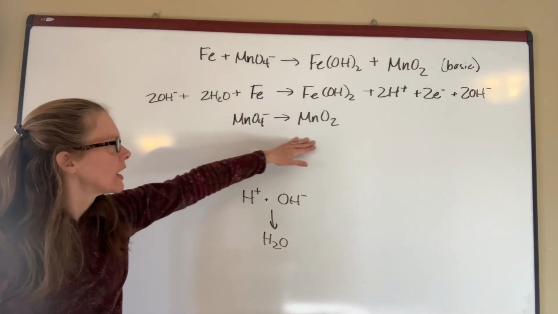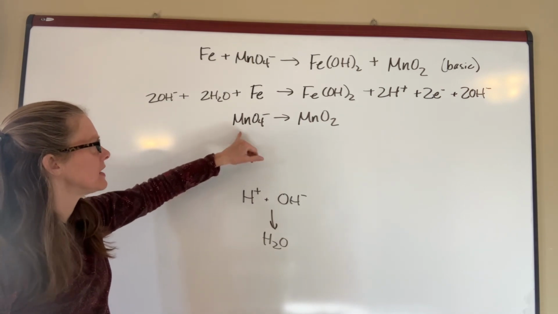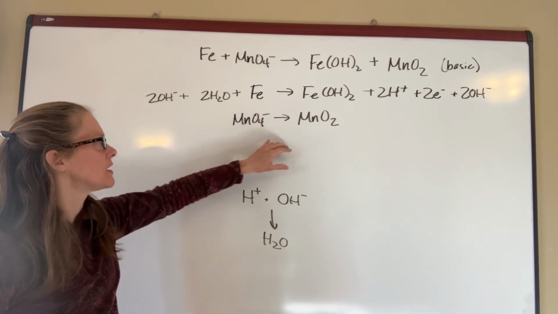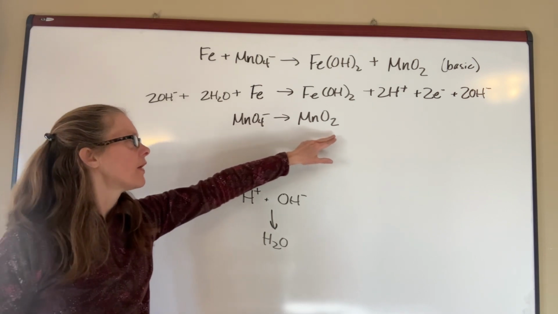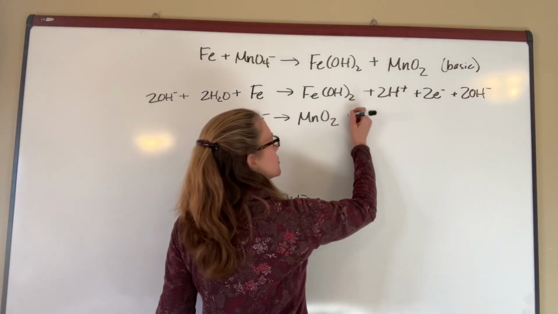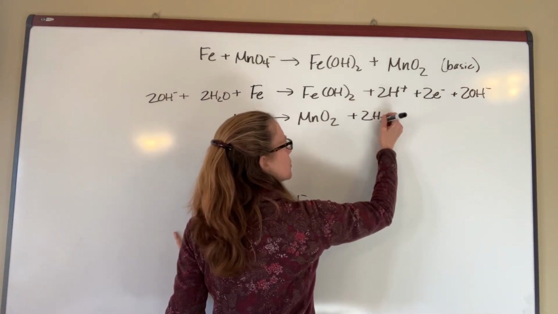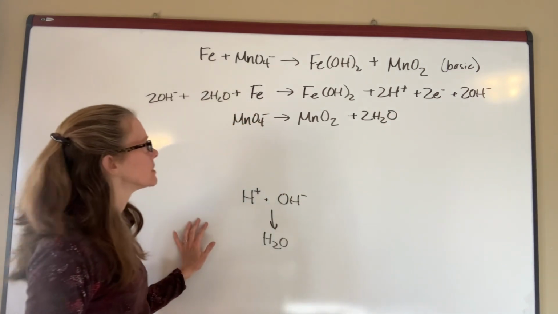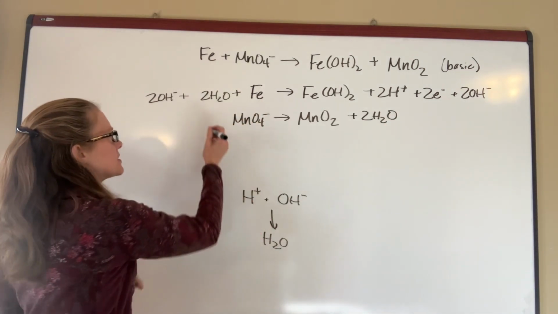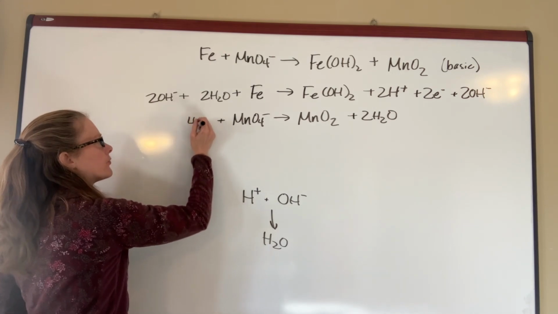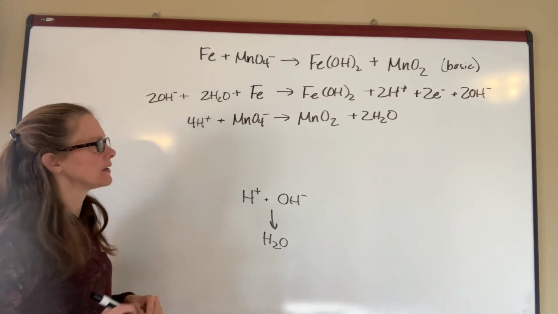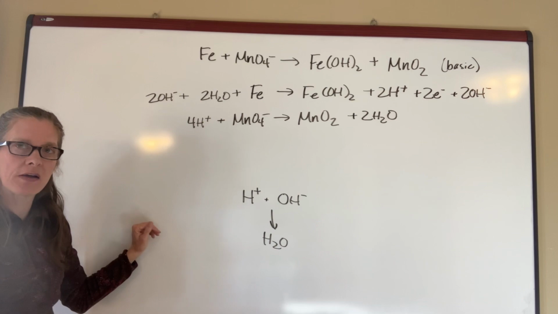Now, when I do my manganese, I have the same number of manganese on both sides, but I have 4 oxygens on this side and 2 on this side. So I'm going to add 2 waters over here, so my oxygens are balanced. I have 4 hydrogens here, so I need to add 4 hydrogens on this side. Now I need to balance charge.